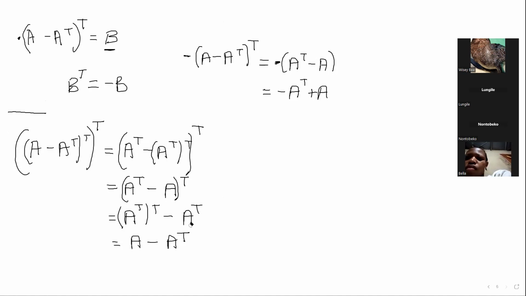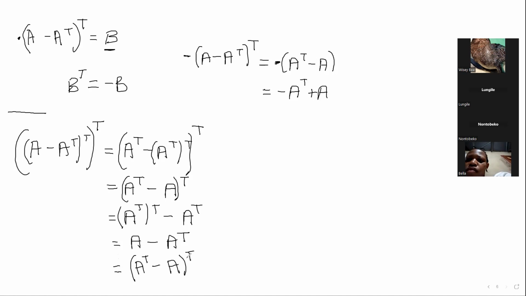Because even from here, I could make this thing to be like this. Let me show you real quick. This is the same thing as I would write it like this: T minus A T. Because when I distribute the T, I will get an A, and here I'll get an AT.